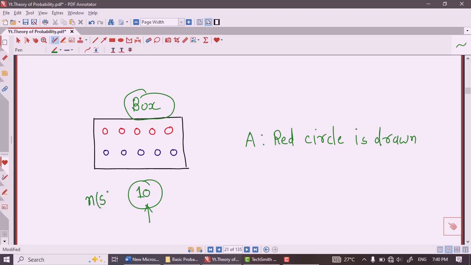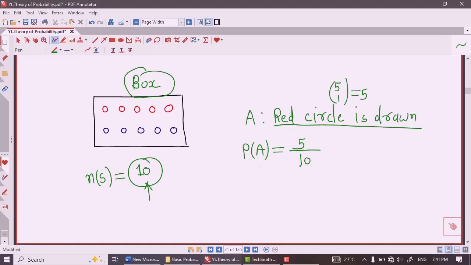Because there are 5 red circles and only one red circle is drawn, it can be drawn in 5C1, that is 5 ways. So the probability of A is 5 by 10, by the classical definition of probability.